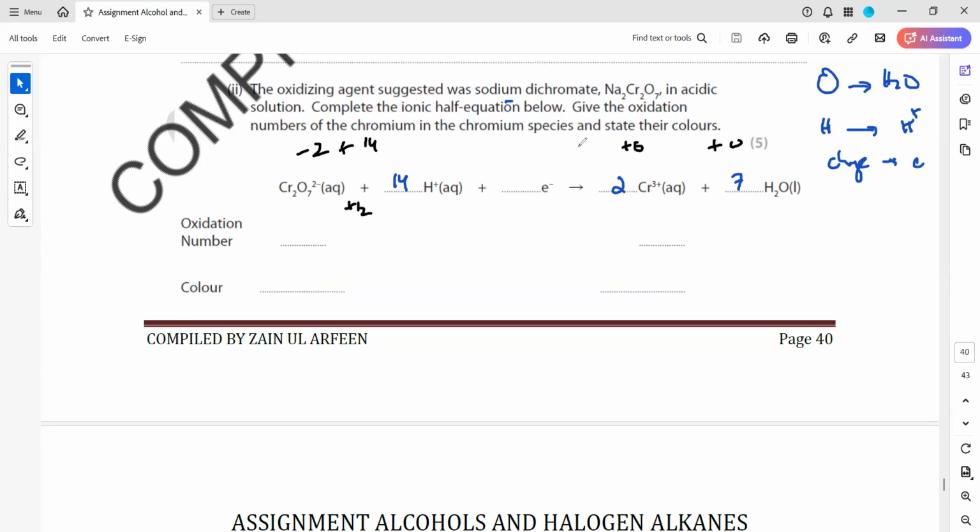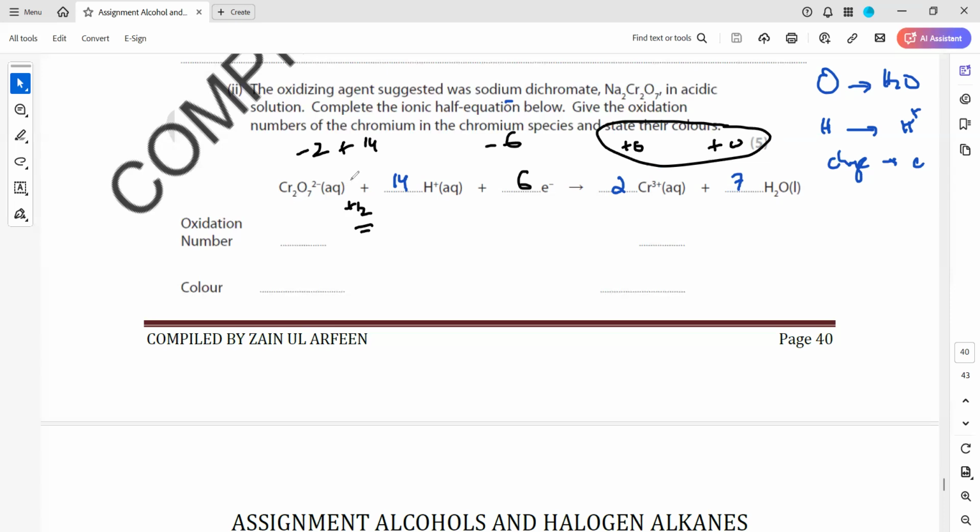This water is neutral. So we want the net charge to be plus 6 on the right hand side, so we need plus 6 on the left hand side as well. So how many electrons do we put? We will put 6 electrons, because adding 6 electrons means it's negative 6. So as a result, we'll have positive 6 here.